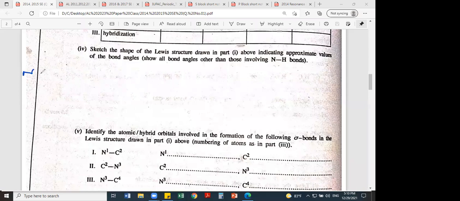So this is nitrogen, and there's a triple bond, carbon, then N, triple bond, carbon, again nitrogen, then you have carbon, then you have NH2, and here again you have an NH2 group.